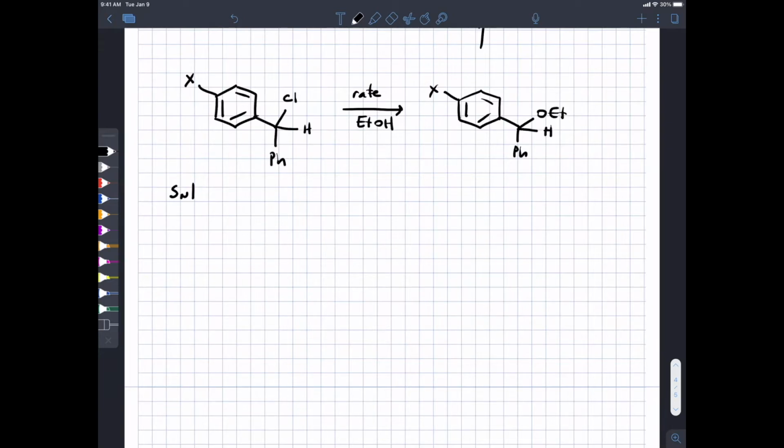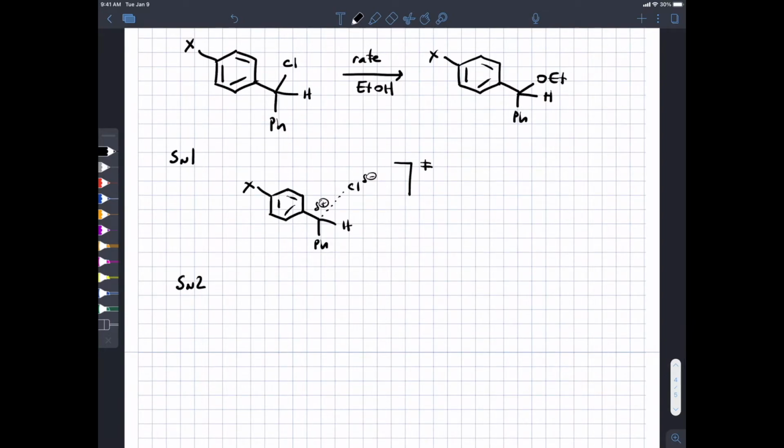There would be the SN1 mechanism, where your transition state would involve leaving of the chloro group and buildup of positive charge on the carbon that chloro was bonded to, versus the SN2 mechanism, in which the rate determining step is the nucleophile comes in as the leaving group is leaving.